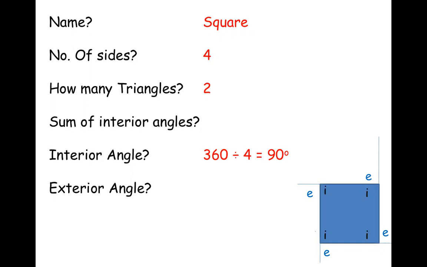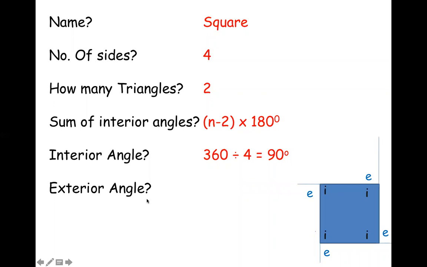But for now, sum of interior angles, again, n minus 2 times 180. Now n is 4 because n is the number of sides and a square has 4 sides. So 4 minus 2 is 2, and 2 times 180 is 360. That means for a square or a 4-sided polygon, the sum of the interior angles is 360.